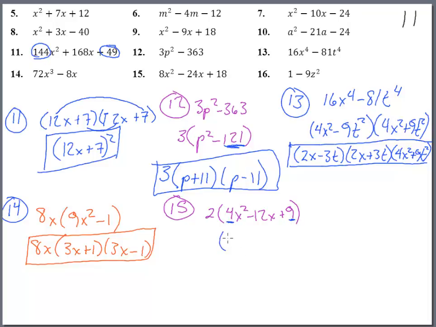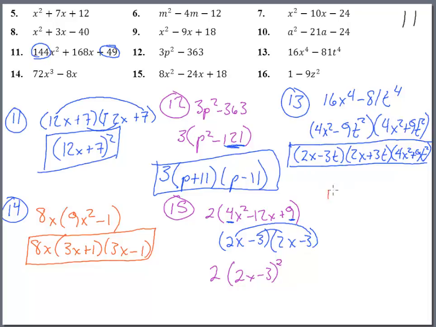Let's see if it breaks up into, let me see, that's 2x and that's 3 and 3, but we'll have to have a minus. Let's just a shot in the dark see if 2x minus 3, 2x minus 3 is what works here. That's 4x squared, and that's going to be plus 9. The middle terms are going to be minus 6x. 2 of those is minus 12x. Look, we got it. And then that 2 comes down. So we've got 2, and we have 2x minus 3 times 2x minus 3, or we can just write that as squared.